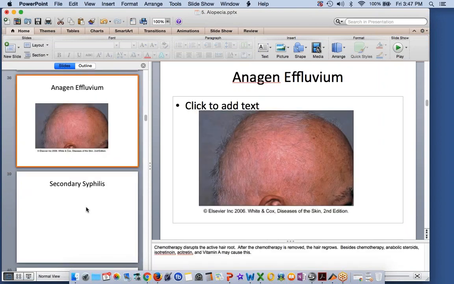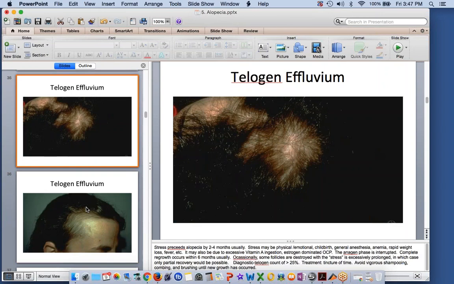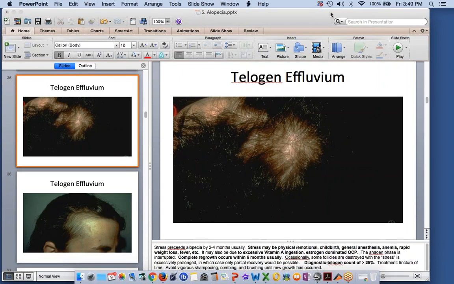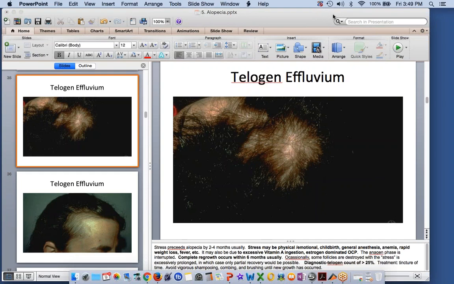Now, in talking about telogen effluvium, what happens is that any form of stress causes the anagen to go into a resting telogen cycle.